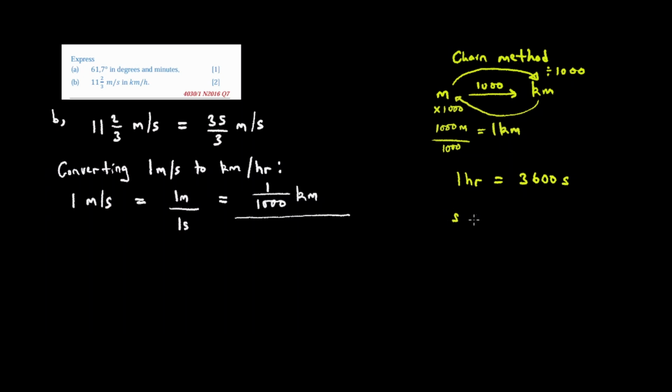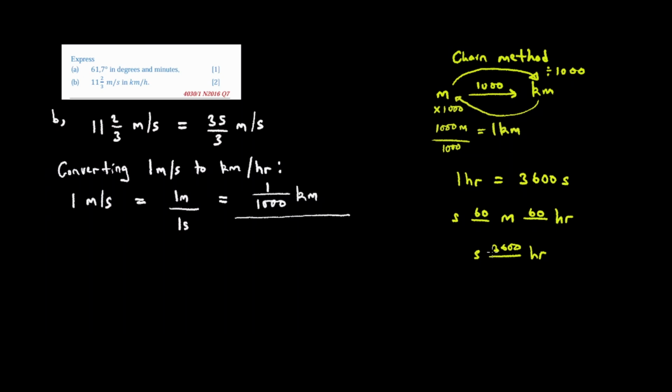Going from a second to a minute, then a minute to an hour. From seconds to minutes, that's 60. Minutes to an hour, that's 60. If you multiply 60 times 60, you get 3600 seconds. That means seconds to an hour is 3600.